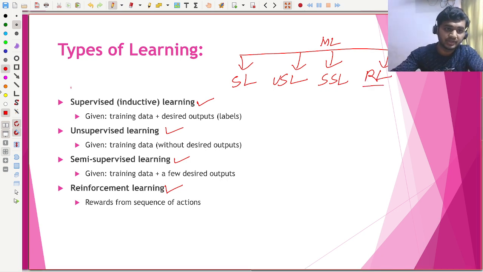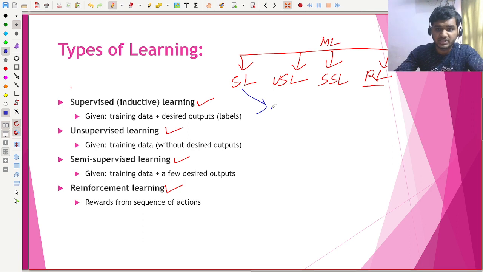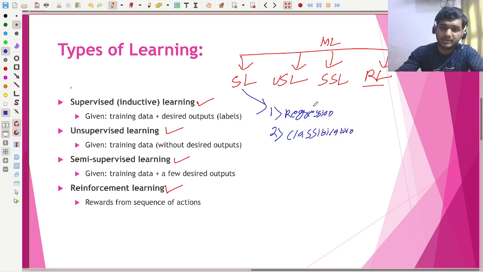In supervised learning, we'll discuss some supervised machine learning: first regression, then some classification algorithms.